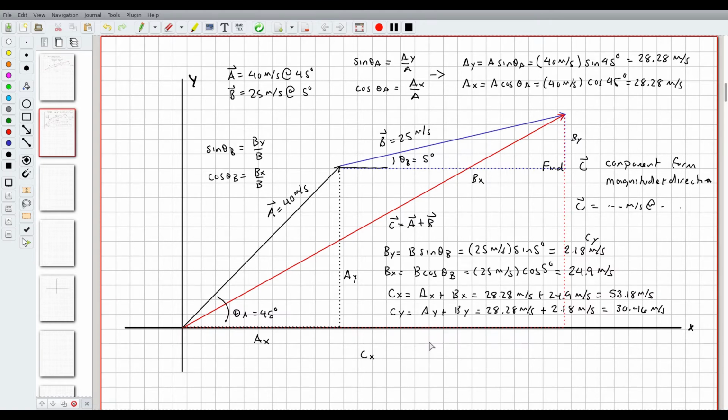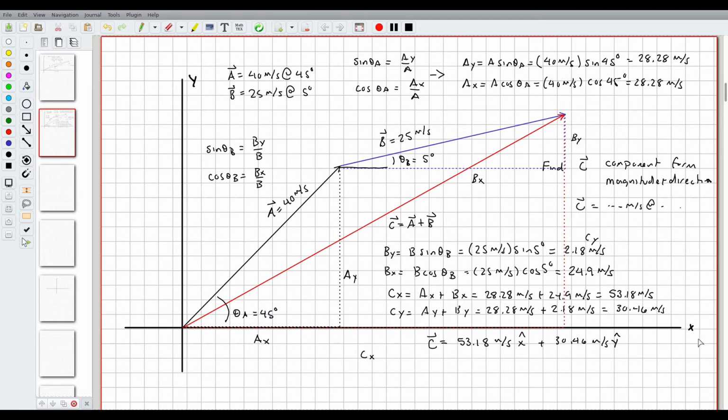So here, the vector C, written in component form, would be 53.18 meters per second in the x direction plus 30.46 meters per second in the y direction. That would be your vector.